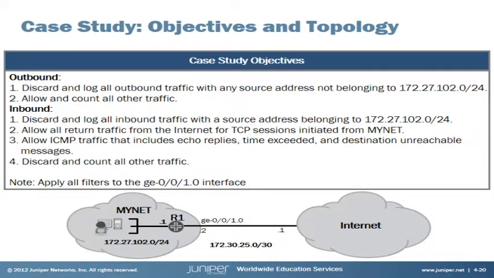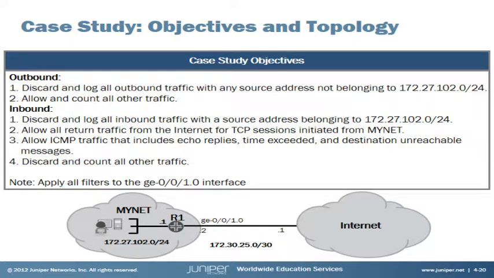If we have a look at that particular address, 172.27.102.0/24, that is the internal address of this particular network here. So the source address you would expect should be from that network, shouldn't it? If it's outbound from that network and has a different source address, then something is amiss with that traffic.